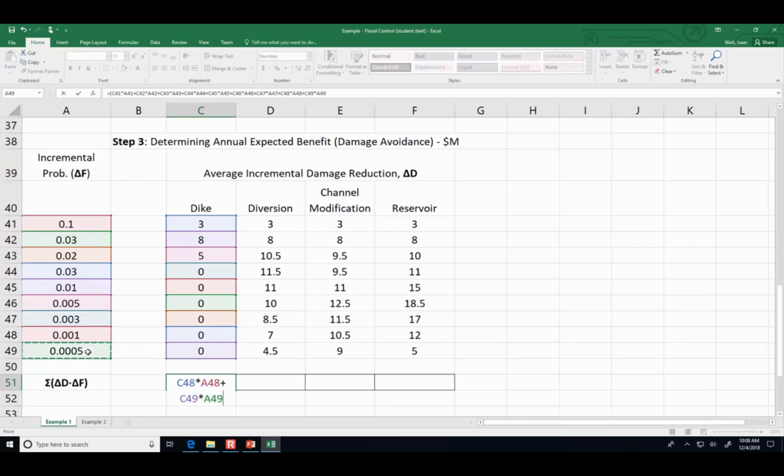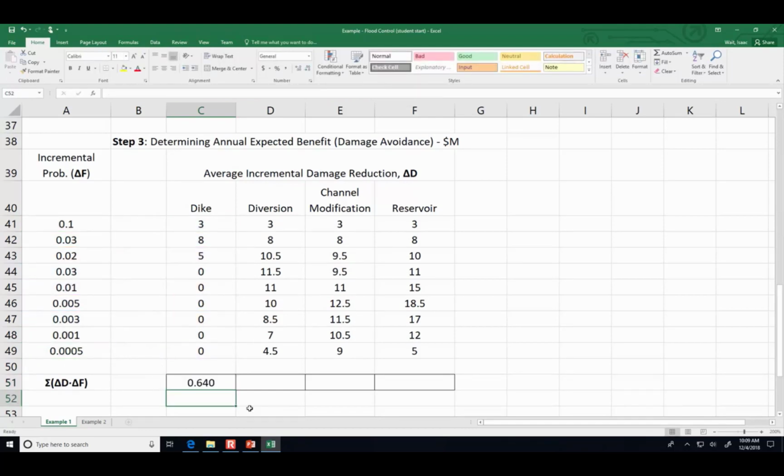And then let's see, if I anchor all of the references in the A column, then I'll be able to drag the formula to the right. So let me go through and press F4 for all of the references to the A column. Okay, it's all anchored.